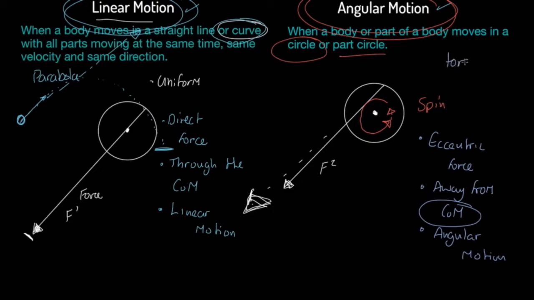And a torque is effectively a force multiplied by its distance from the fulcrum, in this case the centre of mass. Okay, so that's what we mean by that. By the way, a torque is also called, it's an odd name, this confused me a lot when I first heard it. It's also called a moment. So an eccentric force is also referred to as a torque or a moment. Just be aware of that for later. It doesn't really matter for now.